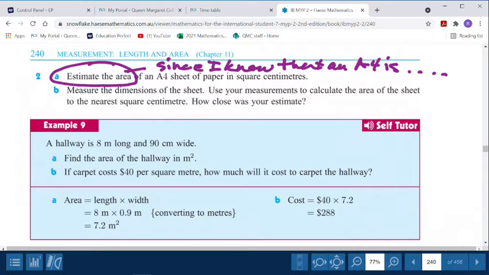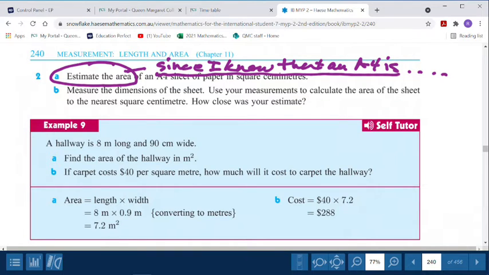But the chances of you just guessing the size of an A4 sheet, pretty slim, right? Getting it perfectly. But if you know it and you have prior knowledge, as long as you acknowledge that you knew before you started, then if your estimate is perfect, then we can still consider it. Okay?